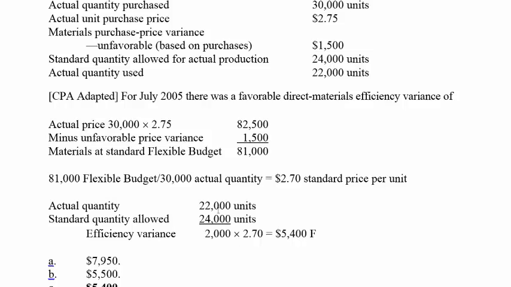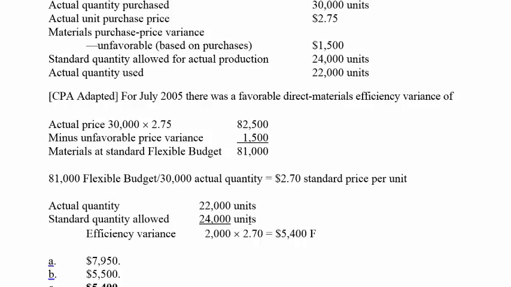So this 2,000 is the difference between actual quantity and budgeted quantity allowed for the same number of units actually produced, and we calculate that we have a $5,400 favorable efficiency variance.